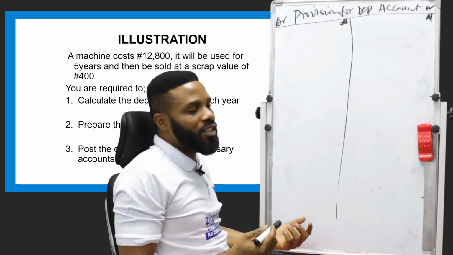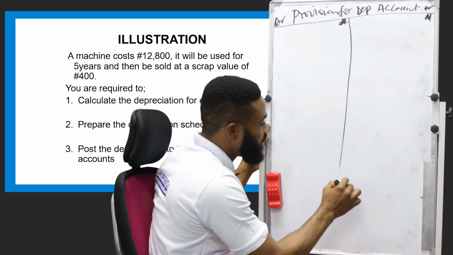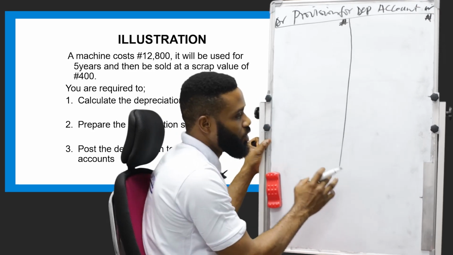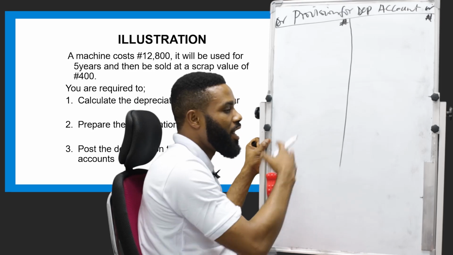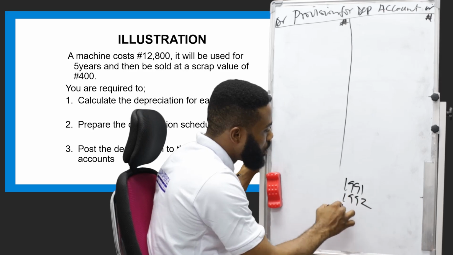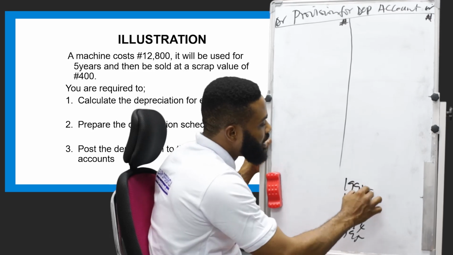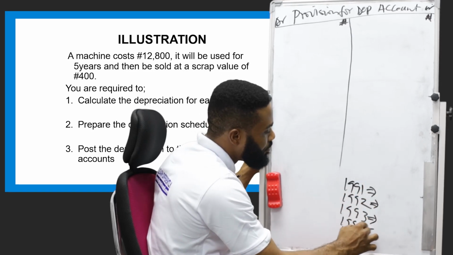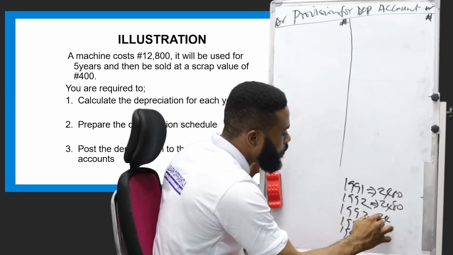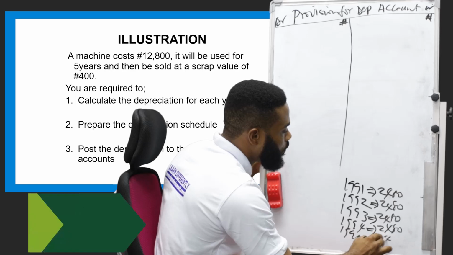As we said before, we are assuming the asset was acquired around 1990. So the first year is 1991, then 1992, 1993, 1994 and 1995, and the depreciation for each year is the same, 2480.